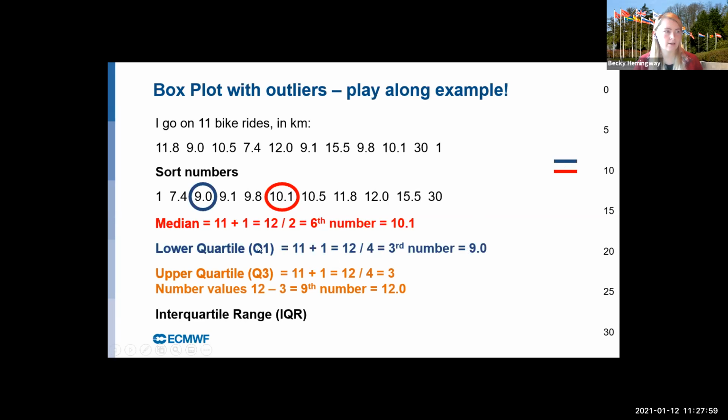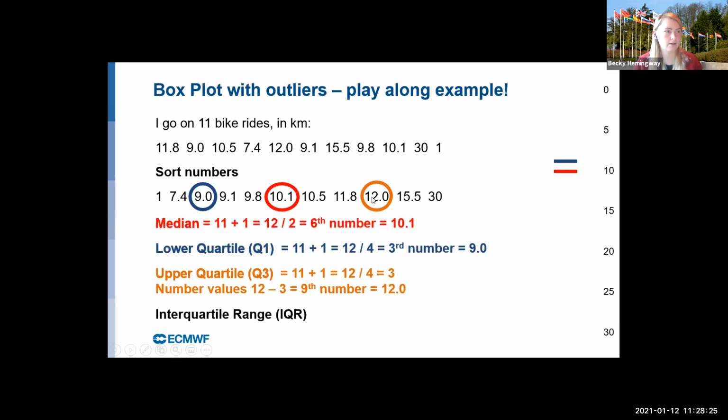And we do the same with the upper quartile. We already know that our quartile is 3 numbers. In this case, we look at the number of values. I've written the wrong one, it should be 11. Oh no, we plus 1, so it is actually 12. So we take our 12th, we minus 3, so 1, 2, 3.